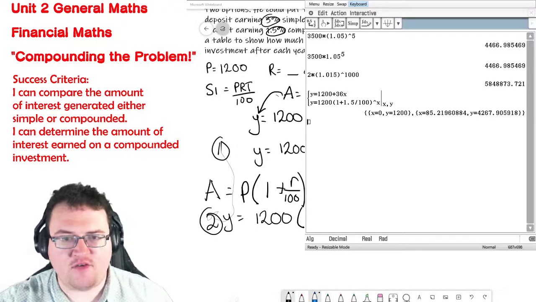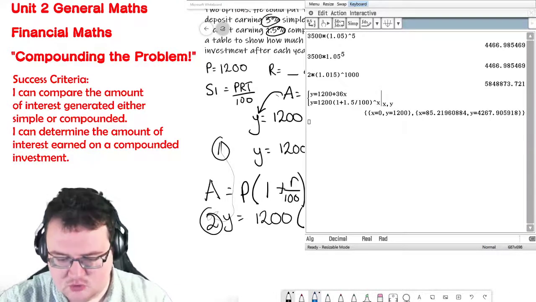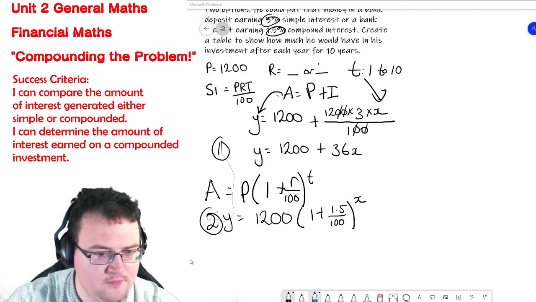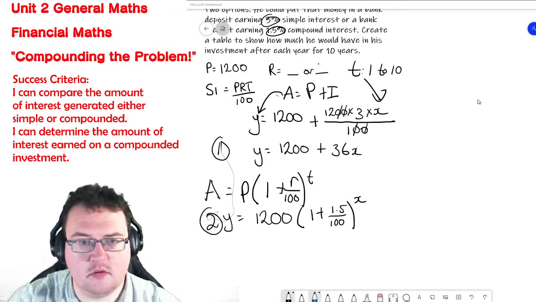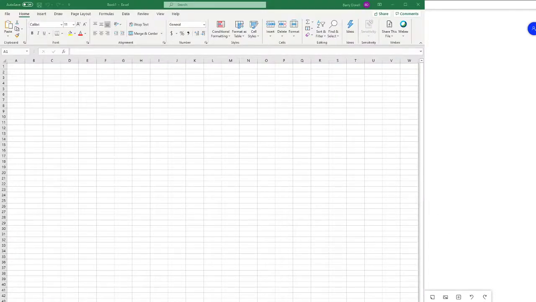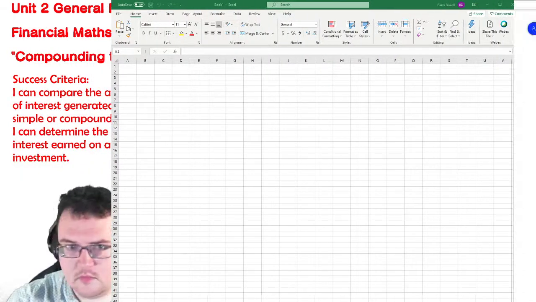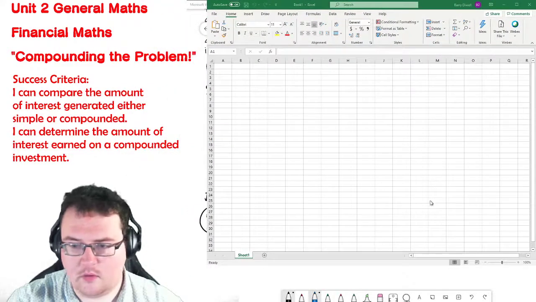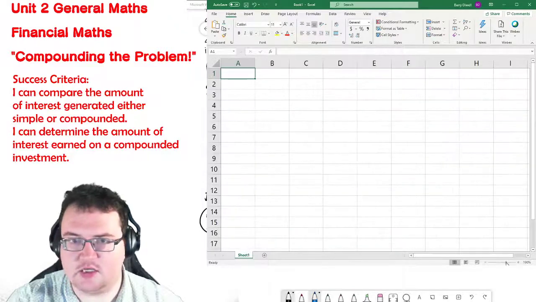So if you don't have your CAS, you can still do all this with a spreadsheet. So I'm going to get rid of that window and I'm going to open up Excel. And I'm going to increase the size a little bit.